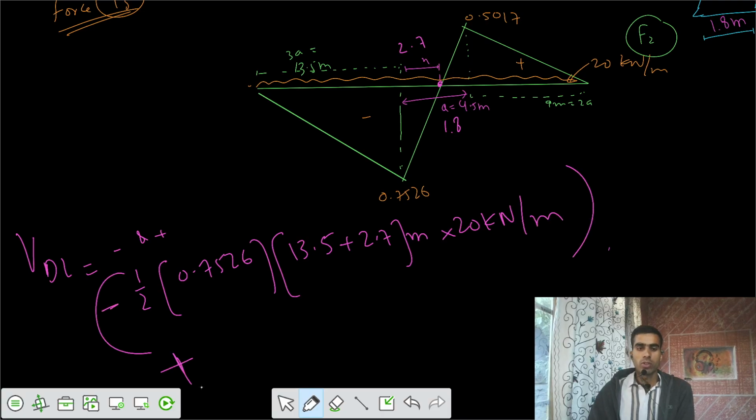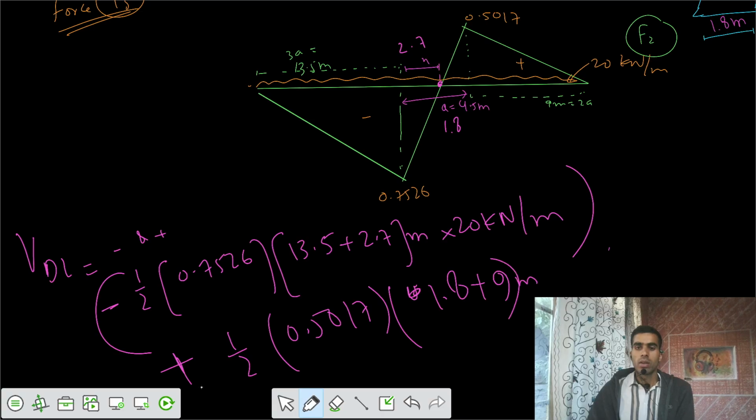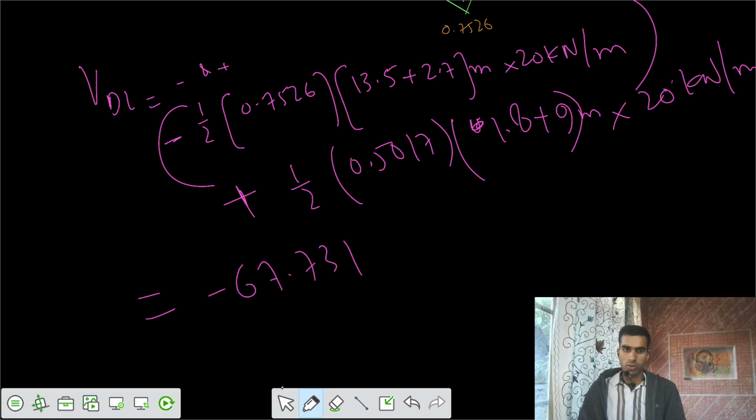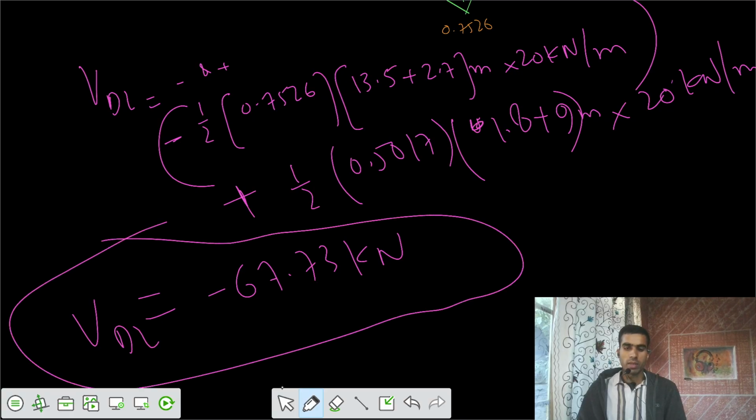Then we have to add the positive area also: 1 by 2, 0.5017, and this length of 1.8 meter plus 9 meter, and that intensity of 20 kilonewton per meter. So you get a value of shear because of dead load equal to minus 67.63 kilonewton. This is because of dead load, that shear developed is negative.